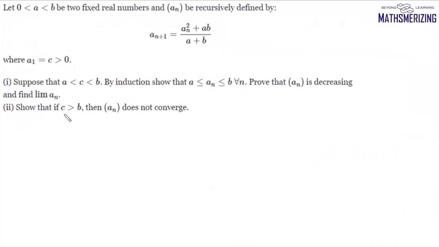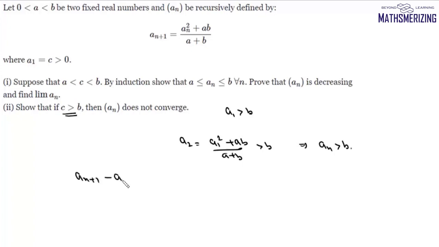Now for the second part, if c is greater than b, that is, if a_1 is greater than b, then a_2, which is (a_1 square plus ab) upon a plus b, will also be greater than b. So from induction we can prove that any a_n will be greater than b. Now in this case, if we write a_{n+1} minus a_n, it will be simply (a_n minus a) into (a_n minus b) upon a plus b.